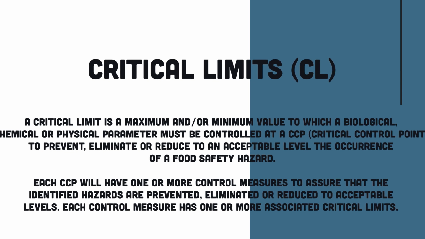Each control measure has one or more associated critical limit. Critical limits may be based upon factors such as temperature, time, physical dimensions, humidity, moisture level, water activity, pH or acidity. Critical limits must be scientifically based.